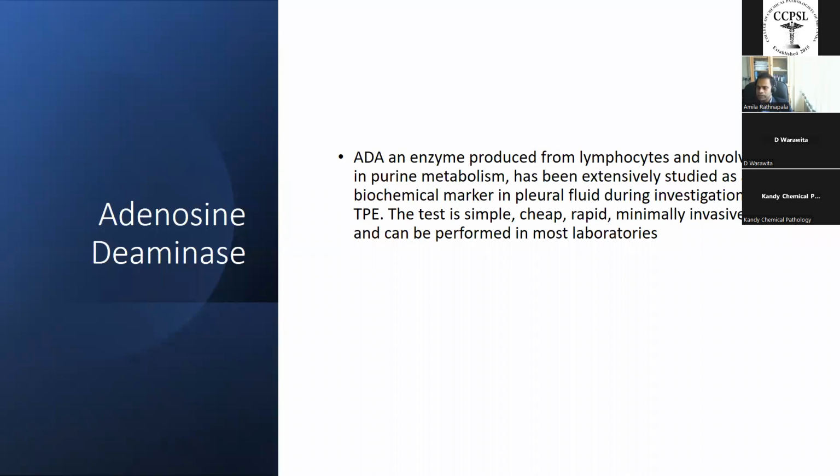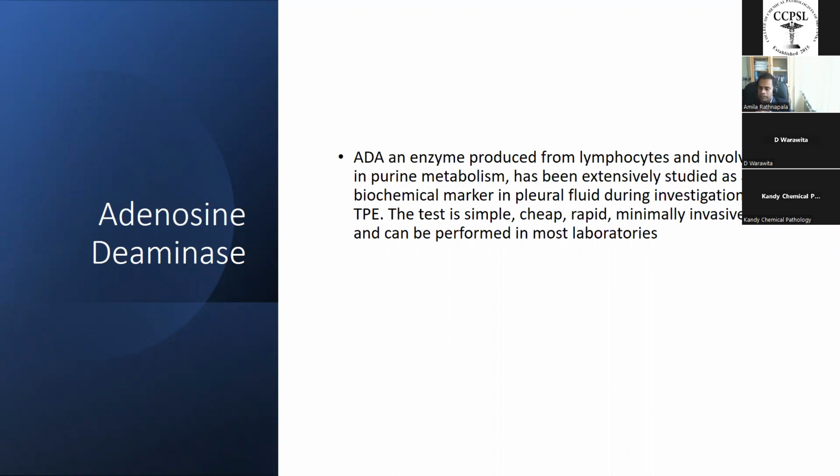So I'd like to highlight this specific investigation, which is quite useful in our local setup, which is adenosine deaminase. It's an enzyme produced by the lymphocytes and involved in purine metabolism. It is an extensively studied biomarker, and it is very specific for the pleural fluid.